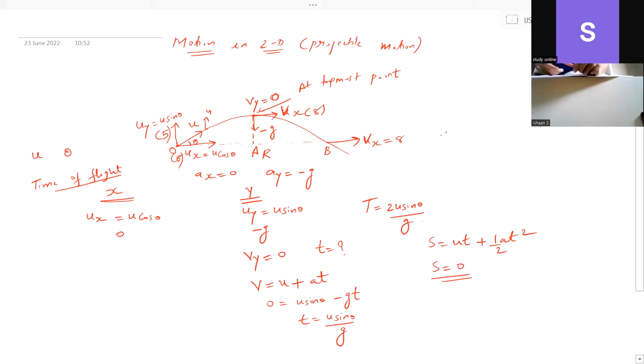The object starts from here and comes back to the same ground, from O to B. So overall the distance covered is 0. If you try this way also, you will get the same time of flight. If you want, you can try it out.